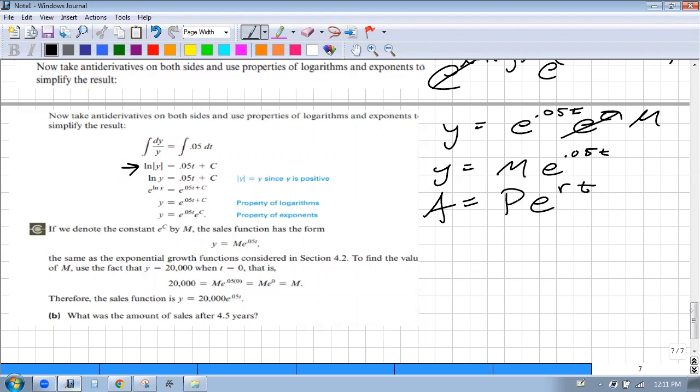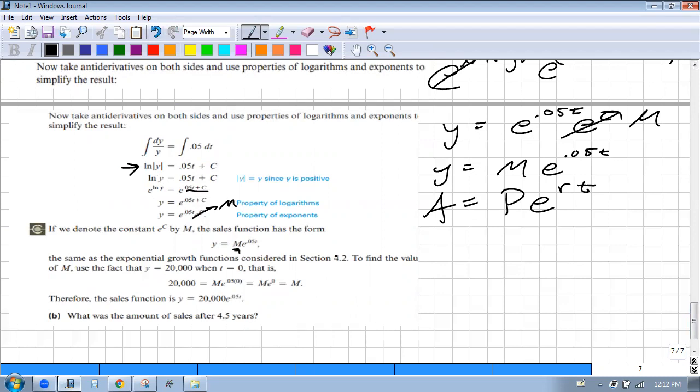What is our y? Our sales, we're not considering negative sales here. You can't take the log of a negative number, your calculator will choke. So we do the e to the both sides. This plus c is e to the c. Remember, if you have a like base, that's the same as adding their exponents. They call this m, and they put it up front.